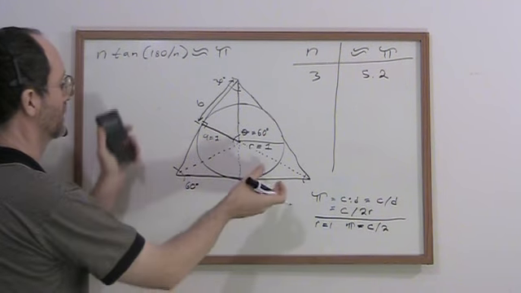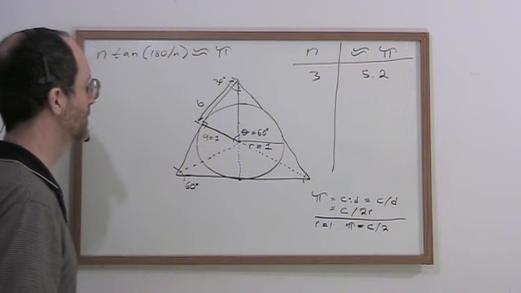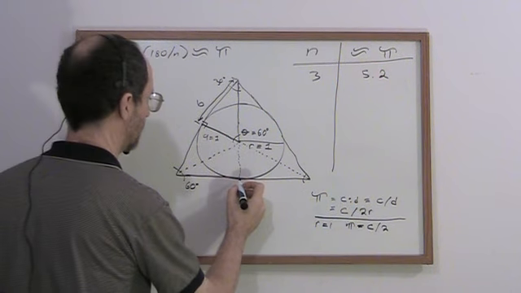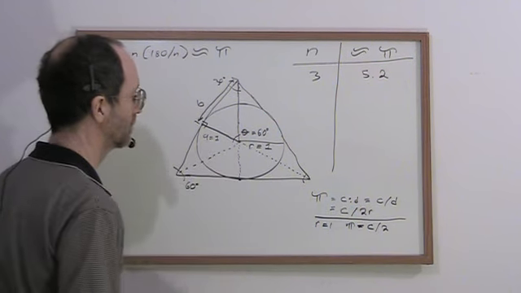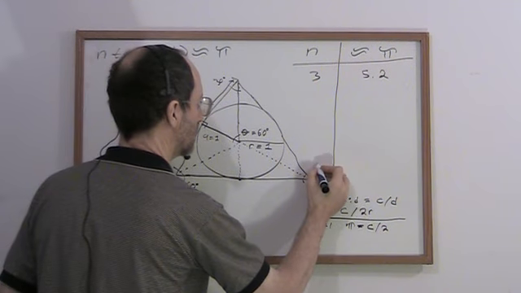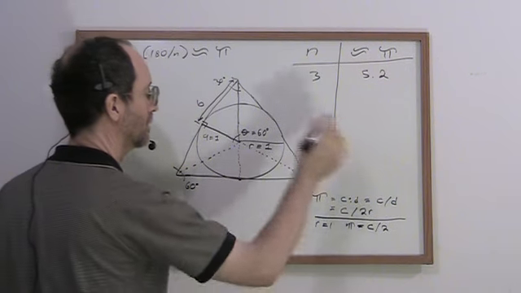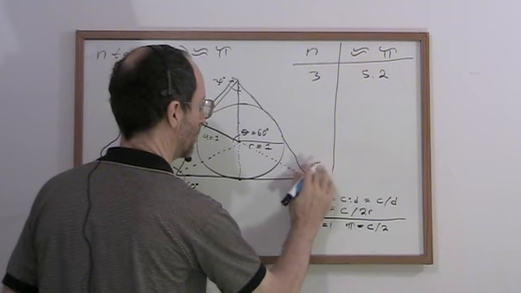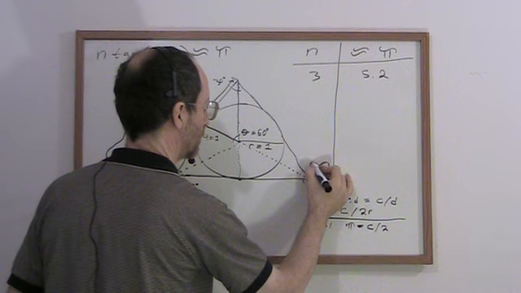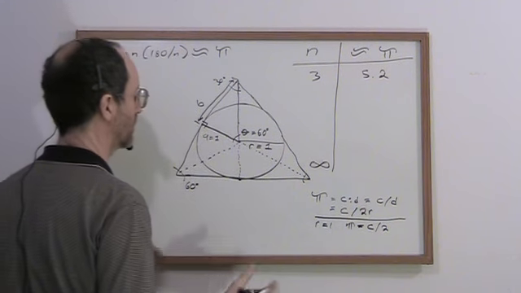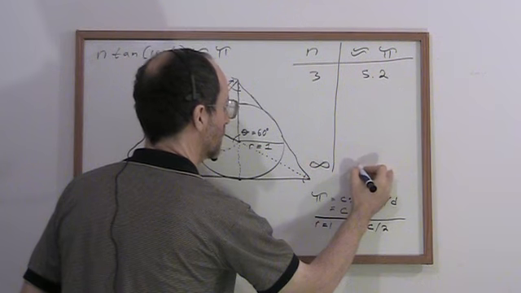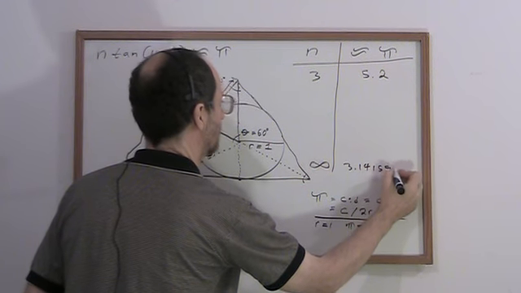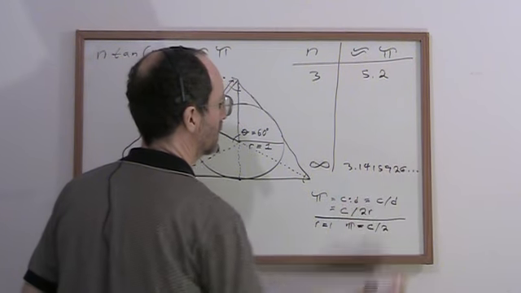Now the idea here is to increase the number of sides on a polygon and watch what happens. We can consider that a circle has an infinite number of sides, so we know that for an infinite number of sides, the approximation will be infinitely close, and that will equal 3.1415926, blah, blah, blah.